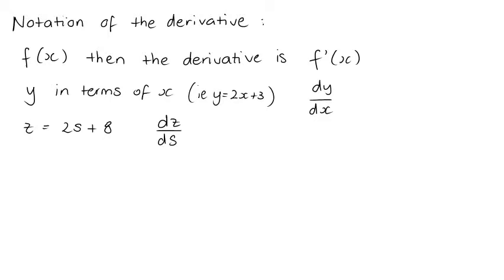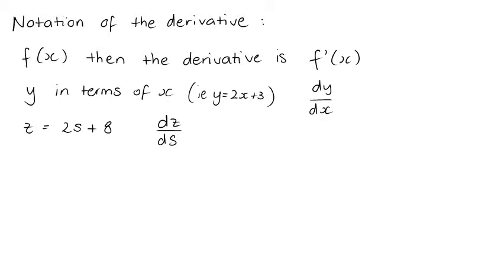So we usually say dy dx and dz ds, depending on what letters you've got. Basically it means the derivative of y in terms of x. Derivative of function y that's in terms of x.